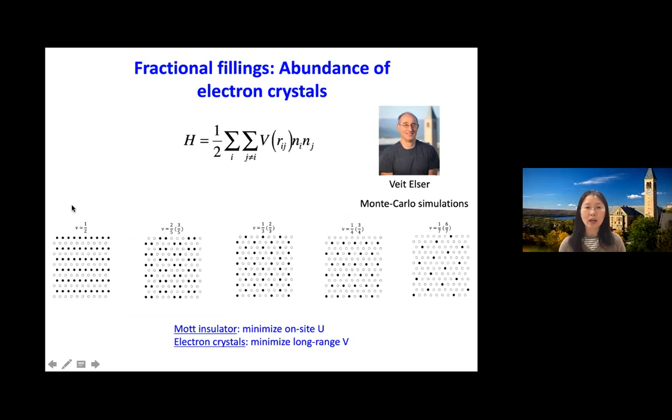And you can see at the filling of half of the Moire site, 2/5, and other filling factors. So let's just take a look at the middle one, for example. For 1/3 filling of the Moire superlattice, we have one site filled every 3 sites.